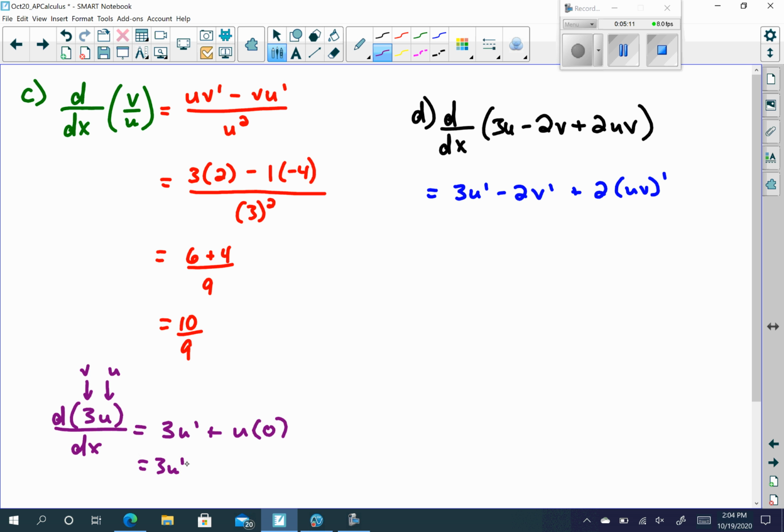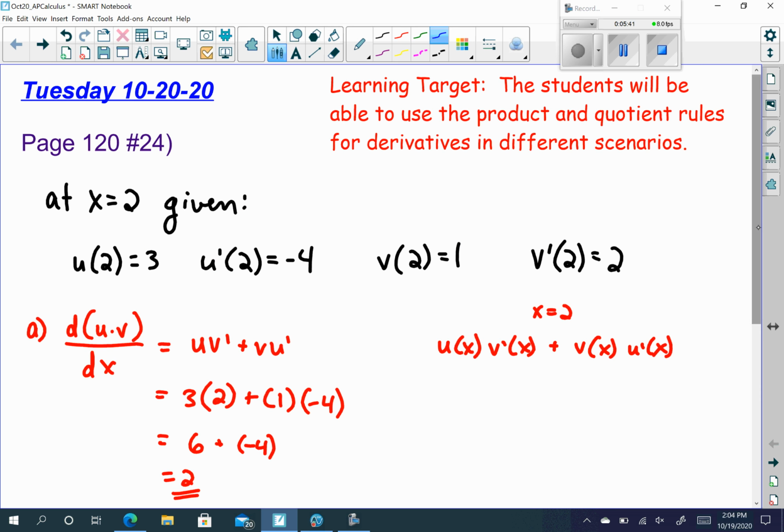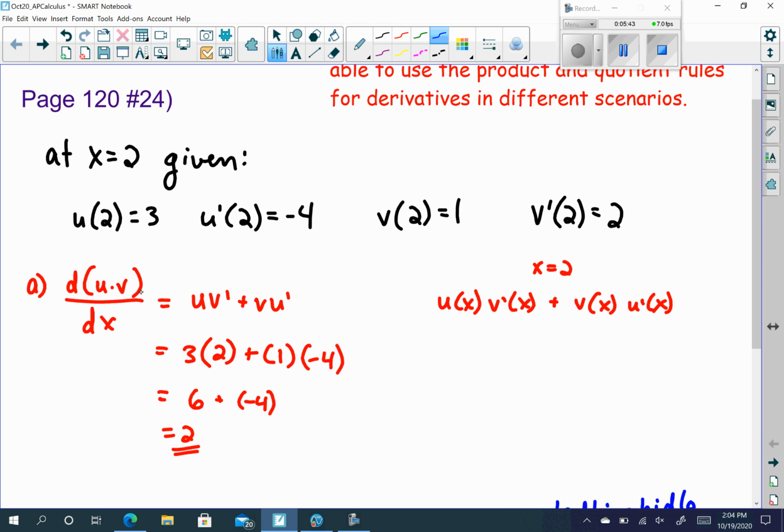So when we're taking derivatives with respect to other variables, this is how we want to write it. So it just becomes a 3u prime, very similar to the minus 2v prime. Now to make life a little bit easier, we found this in part A. So now this will become 3 times u prime of 2, so that's going to become 3 times a negative 4, minus 2 times the v prime, which was 2, and then our answer to part A was just 2, because we already found this here.